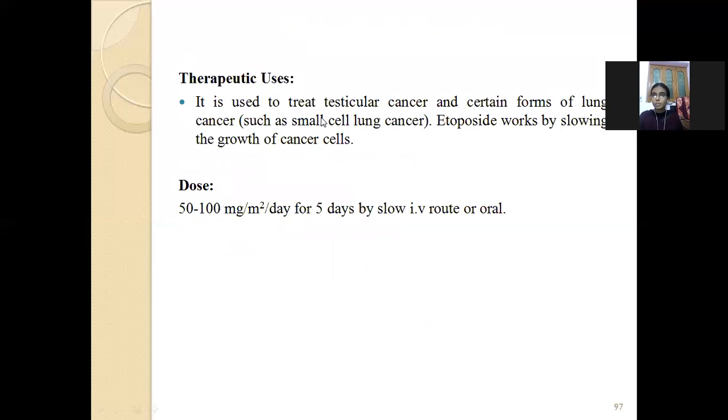Next, uses: it is used to treat testicular cancer and certain forms of lung cancer, and it works by slowing the growth of the cancer cells. Next, dose: it should be taken at 50 to 100 mg per day for 5 days, through the IV route or the oral route. Whatever the route, we should take 50 to 100 mg per day.